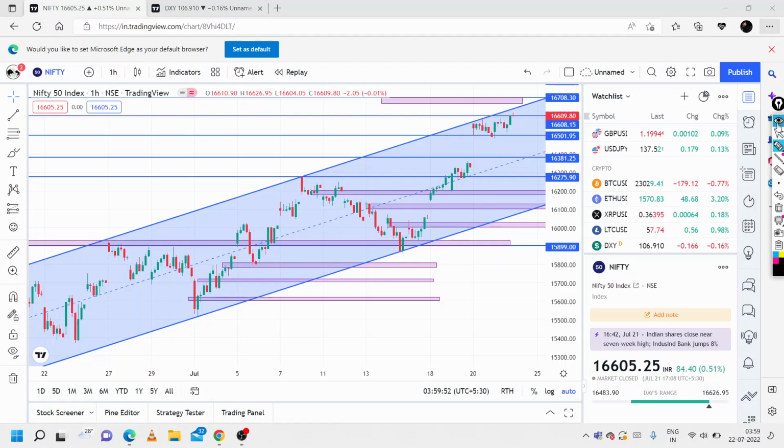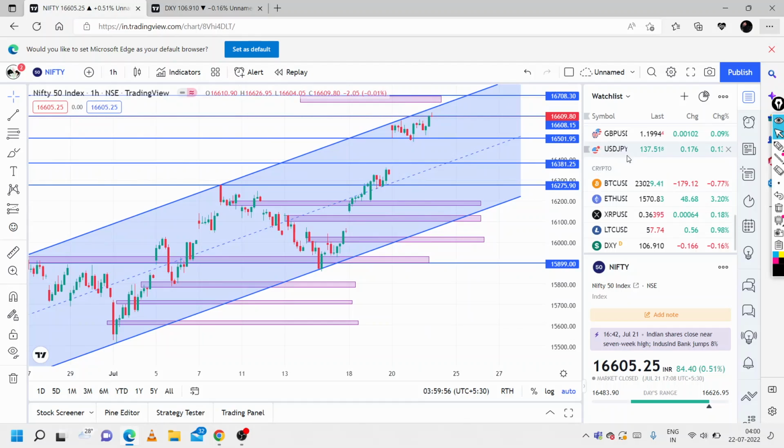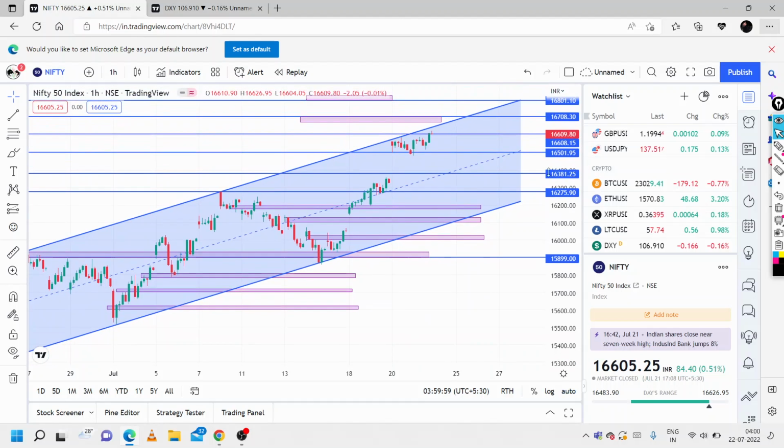Now, how I will trade in these market conditions is that if we see a gap up or a gap down, especially if we see a gap up around 16,700 or 16,800, I would look for a rejection like triple top or head and shoulders or double top, any sort of price action which shows that the market is going to reverse from here.